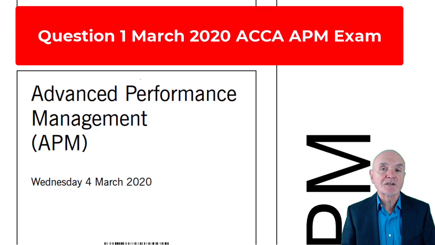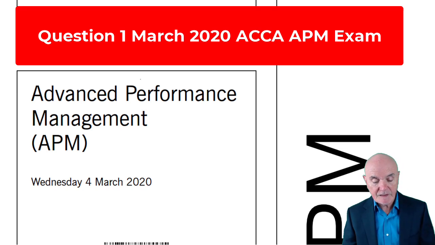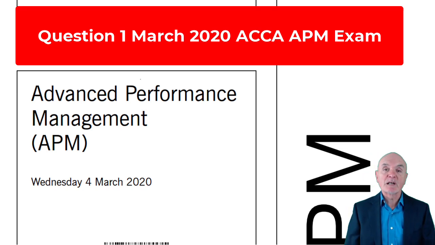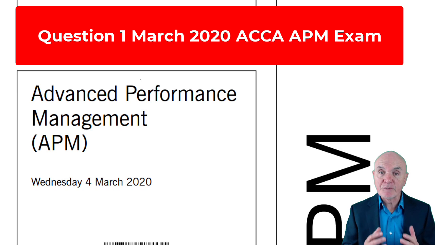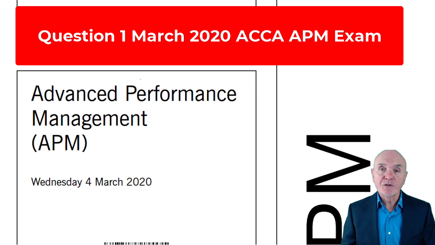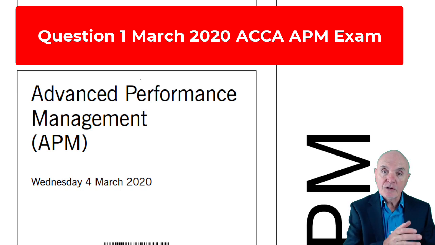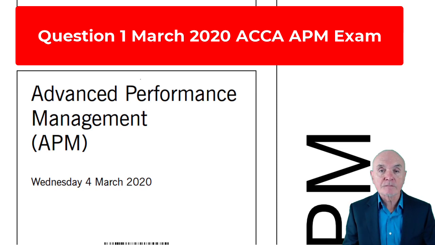In this series of lectures, I'm going to be going through the March 2020 Advanced Performance Management exam. I'm going to be concentrating on how I think it should be approached so that you accurately address the examiner's requirements and don't begin veering off to something else.